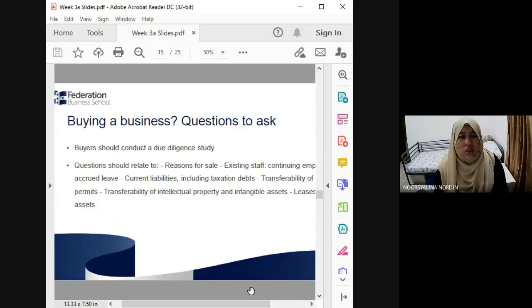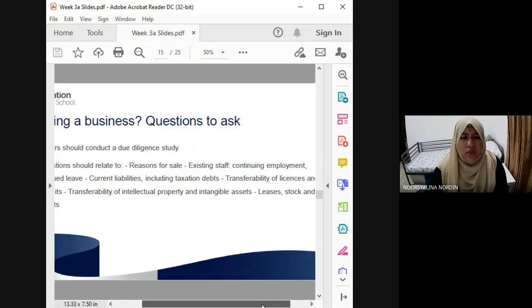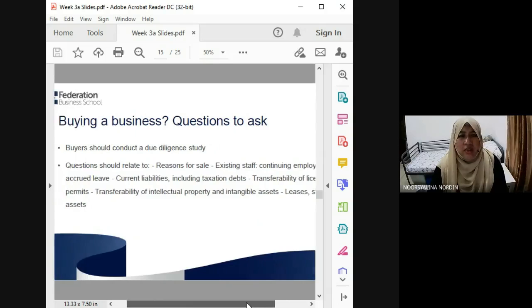And the questions should relate to the reason for sale. Meaning you have to ask the particular company that wants to sell the business to you, why do you want to sell your business? In terms of the existing staff, when I buy this company, will they continue the employment of the current staff, or do we actually have to lay off the staff?